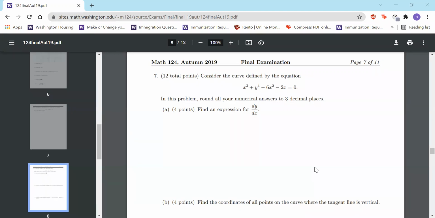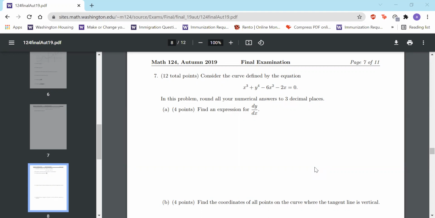Then we need to do the differentiation. When you have any y variables, write dy/dx out. For this problem, x cubed has the derivative 3x squared, plus 4y cubed dy/dx, minus 12x, minus 2, equals 0.